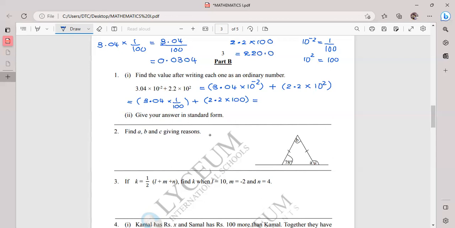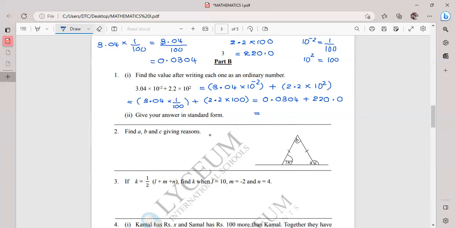So you write that 3.04 × 10 to the power negative 2 will become 0.0304 and you want to add 220.0.